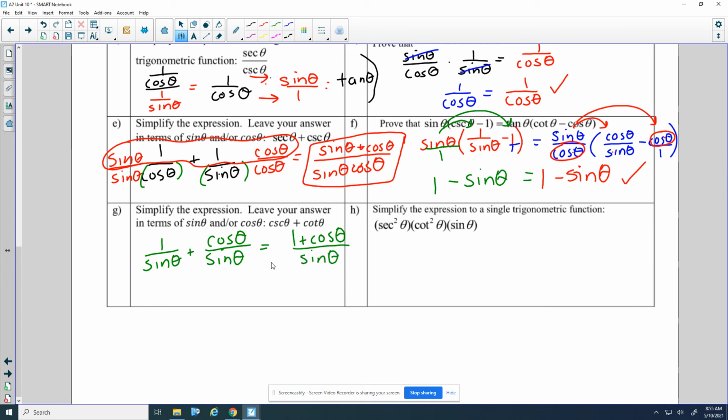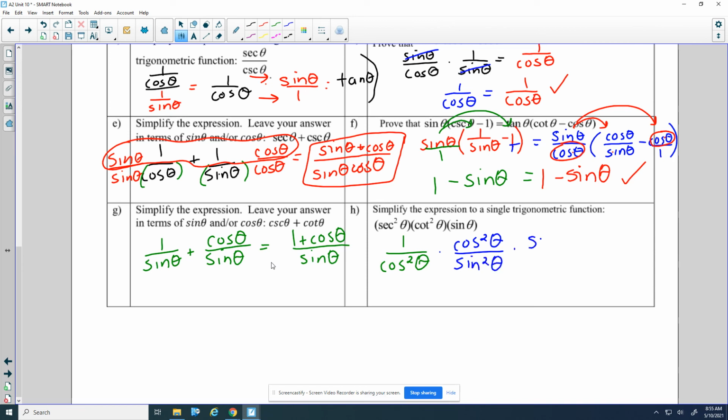In my second problem, just like secant theta is 1 over cosine theta, secant squared theta is 1 over cosine squared theta. And remember from our work with the quadratic trig functions, we write the squared in between the angle and the trig function. So cotangent squared theta is cosine squared theta over sine squared theta.